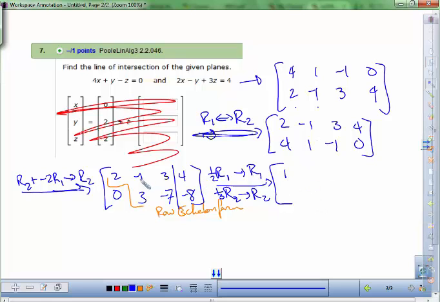So divide by 2, I get 1, -1/2, and I get 3/2, and 2, divide by 3, -7/3, -8/3.